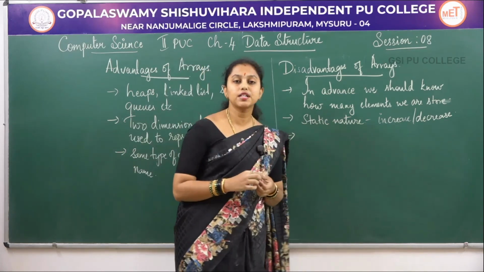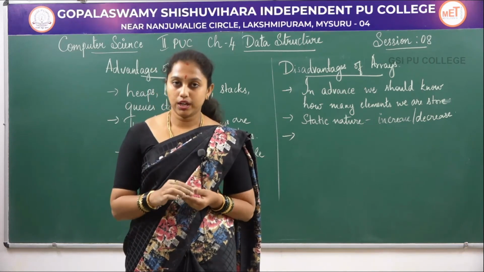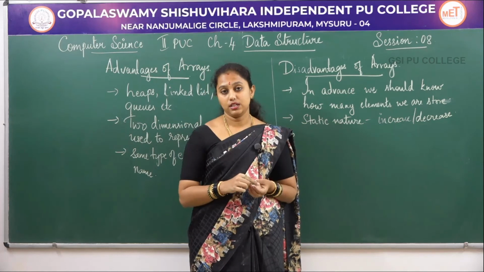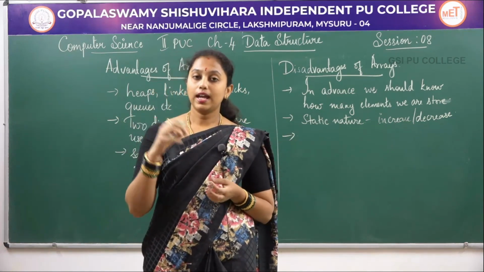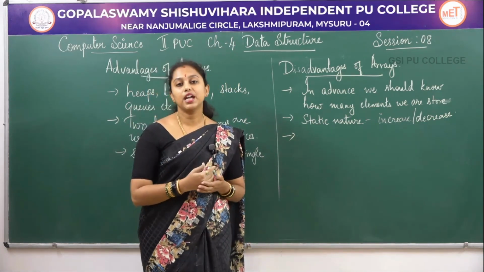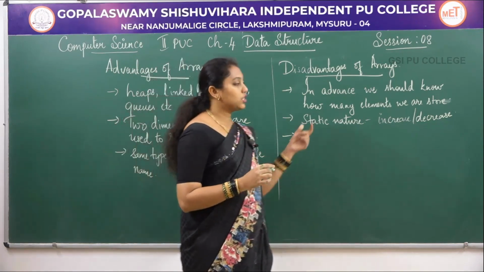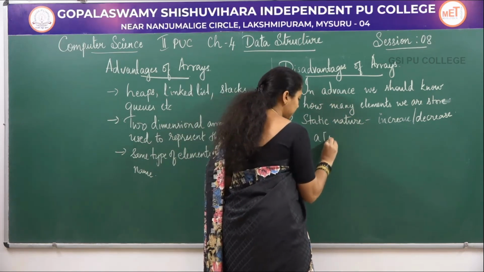Since an array is of fixed size, if we have already allocated memory locations more than the requirement, then they will be wasted. And if I want to store more elements than the memory locations, then it will create a problem. For example, the array size is 10.